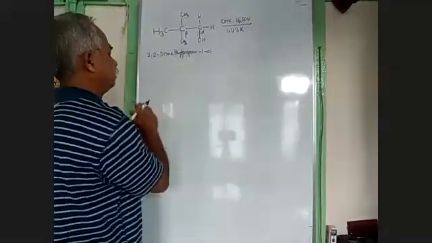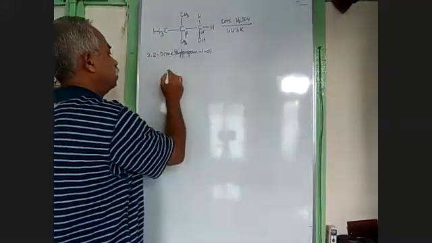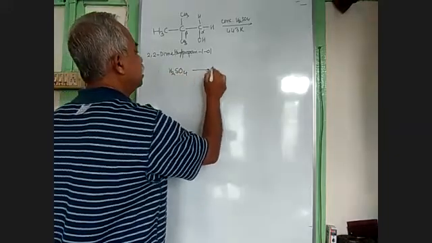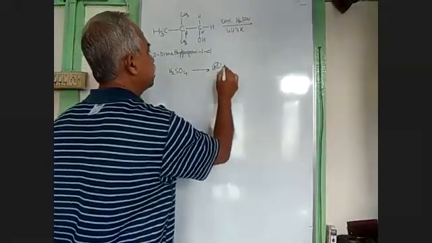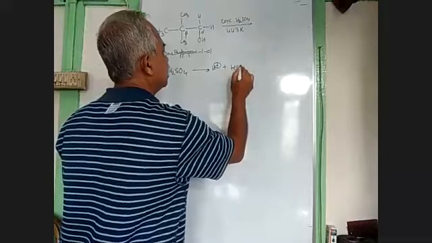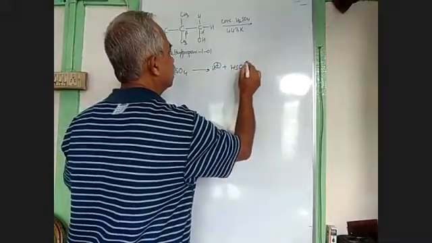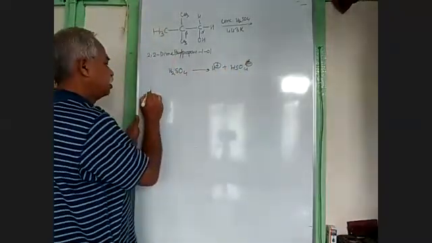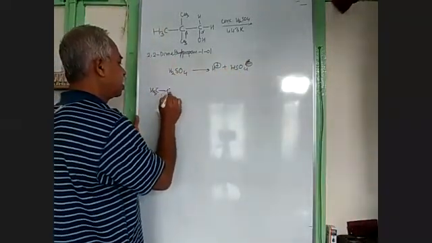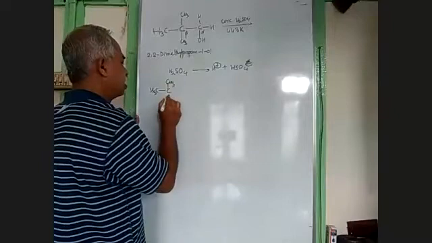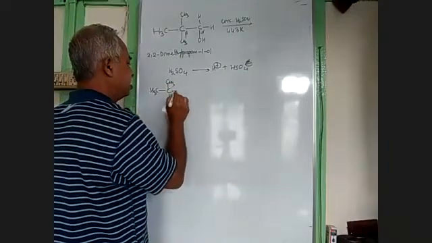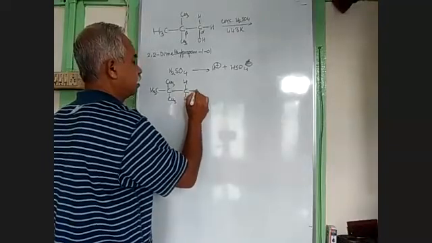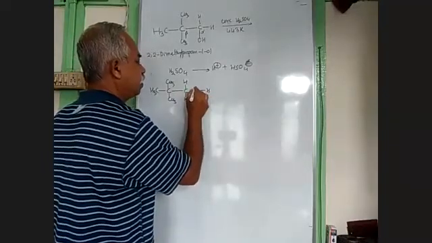Okay, see here. We know that sulfuric acid dissociates to give us a proton. Now, what is the molecule here? Molecule here is alcohol.